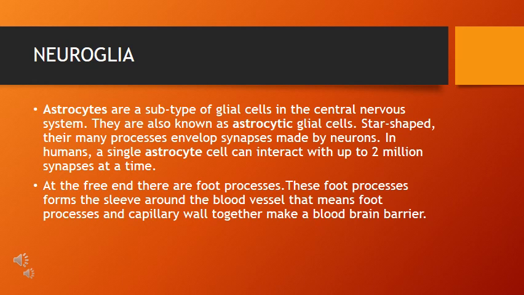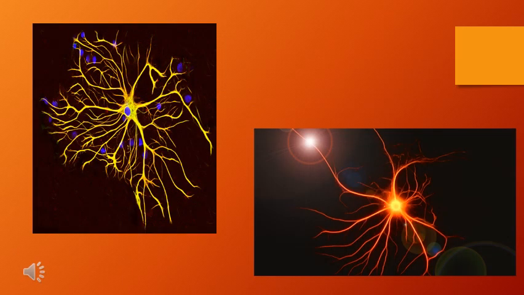In humans, a single astrocyte can interact with up to 2 million synapses at a time. There are foot processes. These foot processes form sleeves around the blood vessels together and make a blood brain barrier. You can see the star-shaped neuroglia in slide number 6, and it connects many neurons.